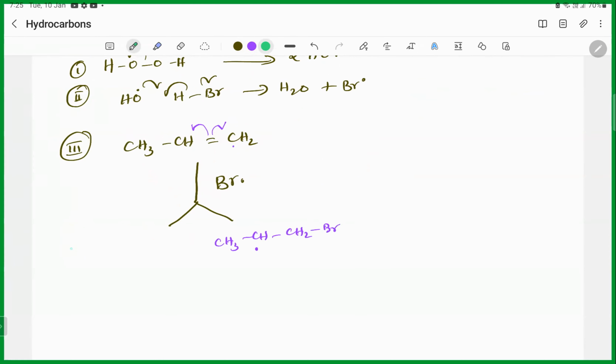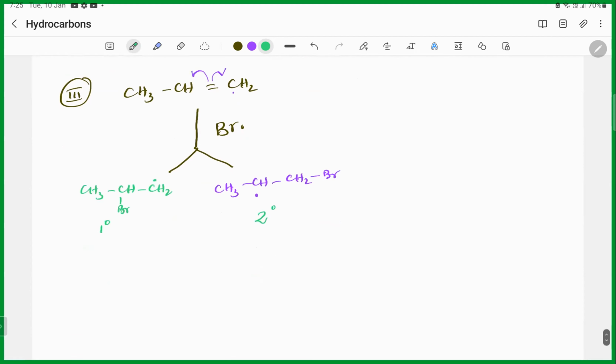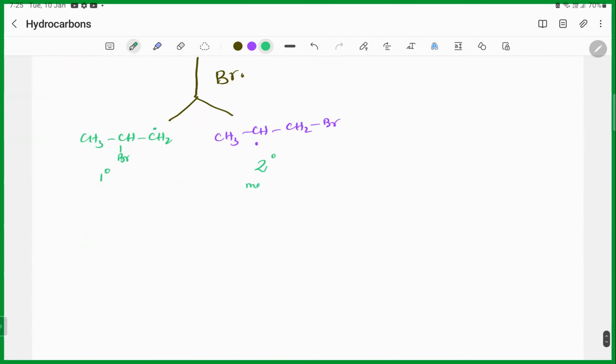Another one, CH3, CHBr and CH2 dot. You know that one is a primary radical and the other is a secondary radical. The secondary radical is more stable since the methyl group will hyperconjugatively stabilize this radical. Here you have only one hydrogen to stabilize that molecule.